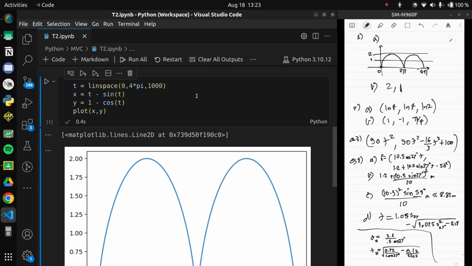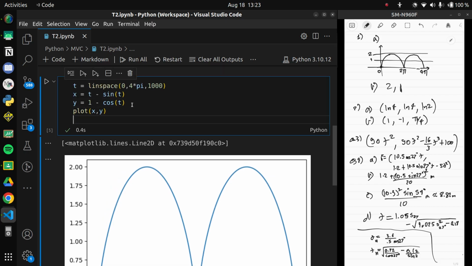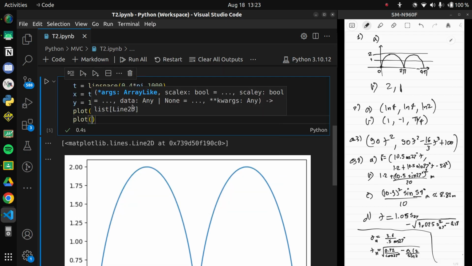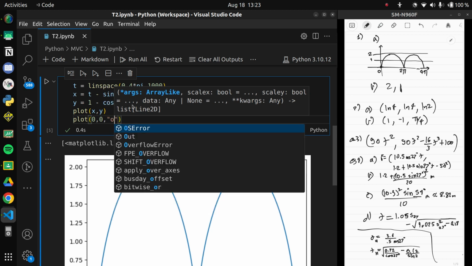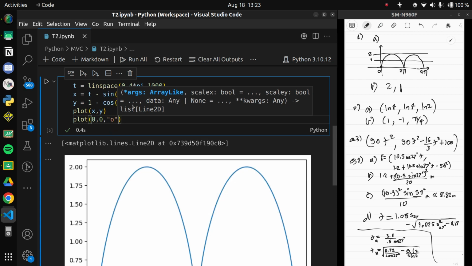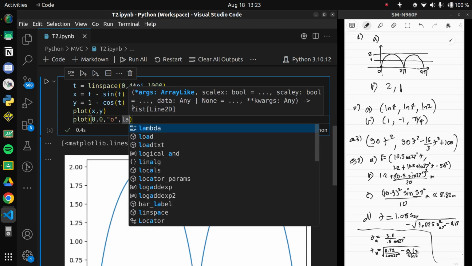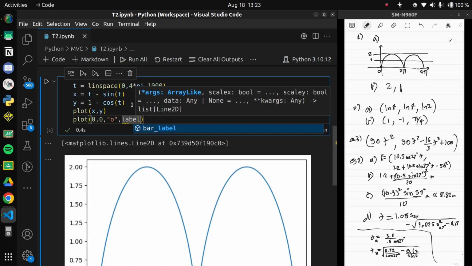So I'm also going to plot some points. I'm going to plot 0 comma 0. So we just get a circle, right. And I actually want to label this, so I don't know how to do that. I guess I can just put a label, bar label.